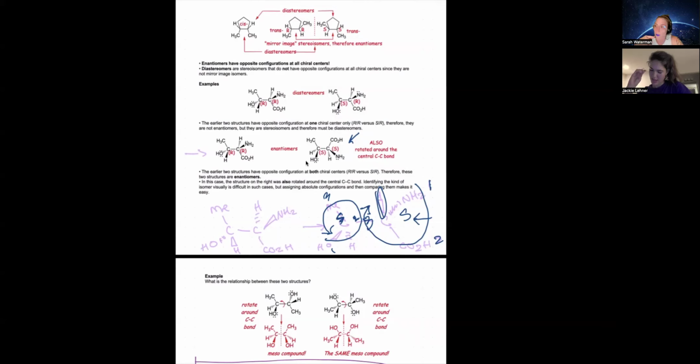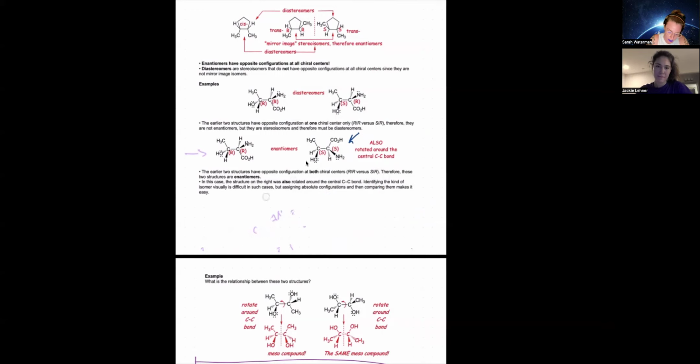In this one, if we rotate it, which is what we just did, instead of drawing it like this, we just rotated this one turn this way so that we had our CO2H, carboxylic acid, over here. But that didn't change our stereochemistry.